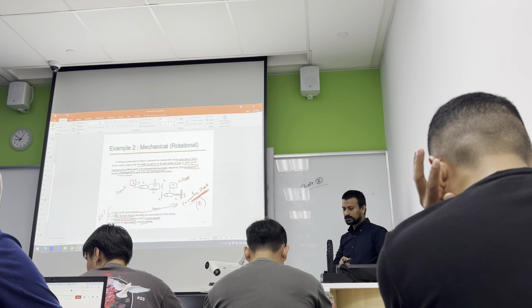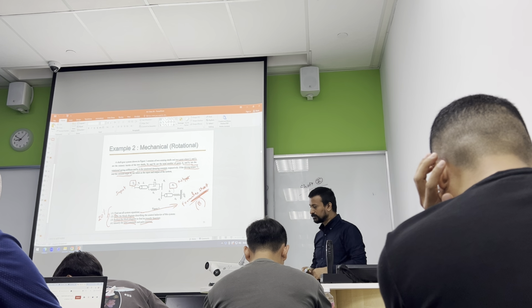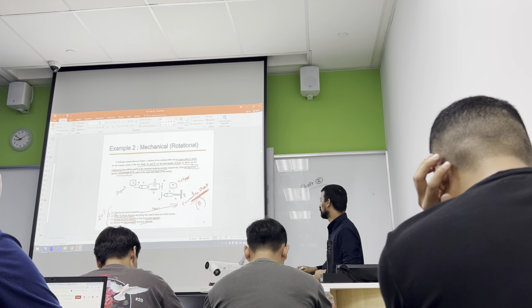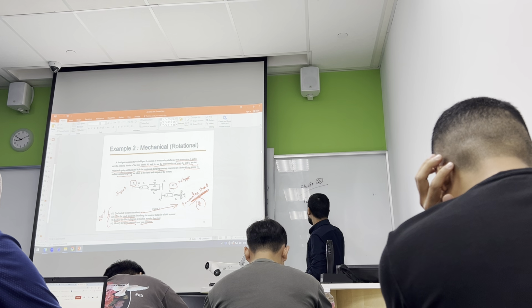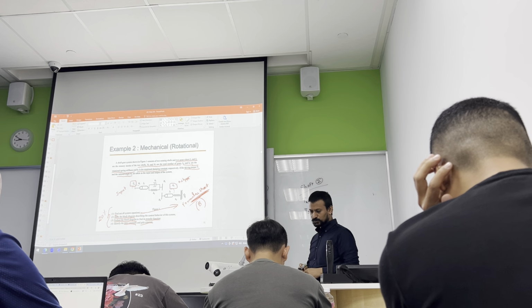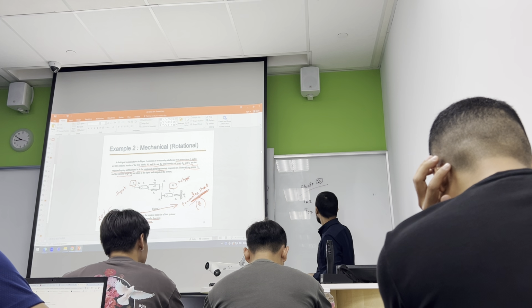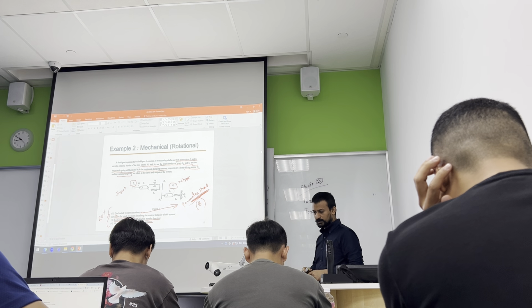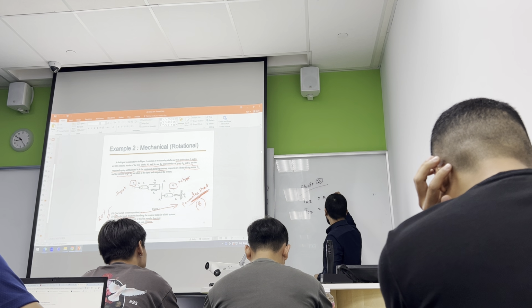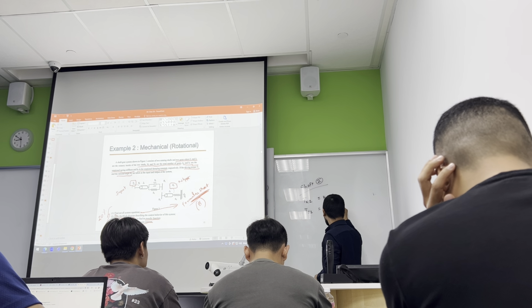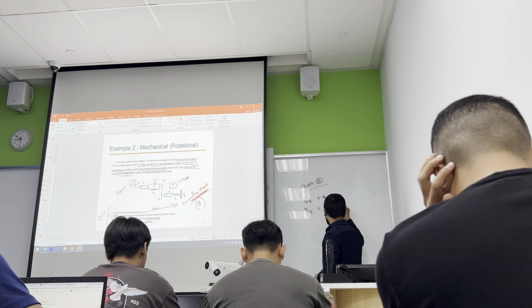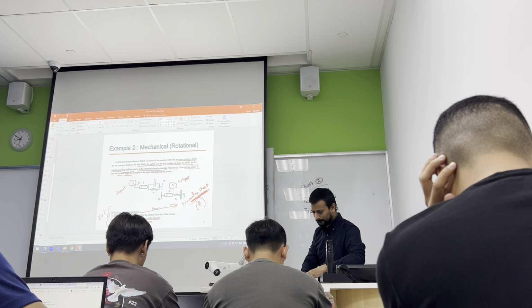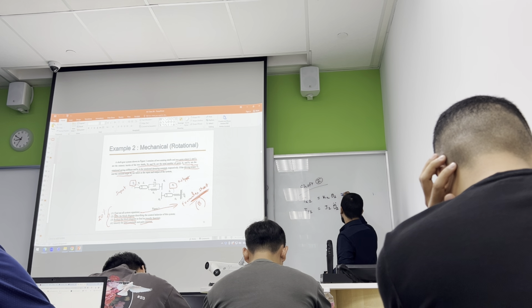Okay, shaft 2. So for shaft 2 we have K2. Okay, so it's only 2 equations, 2 components. So it's K2, J2, right? What is this? 2. This one? Okay. You can write on the next step.